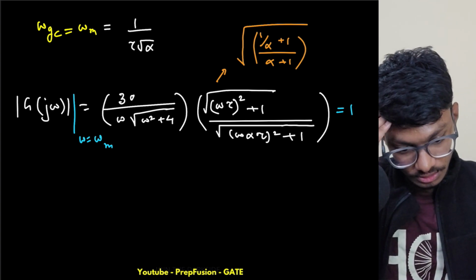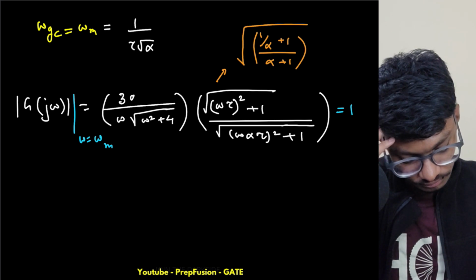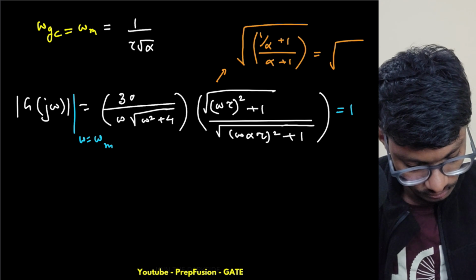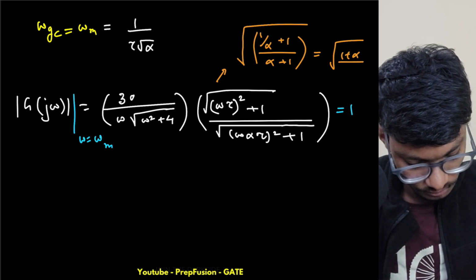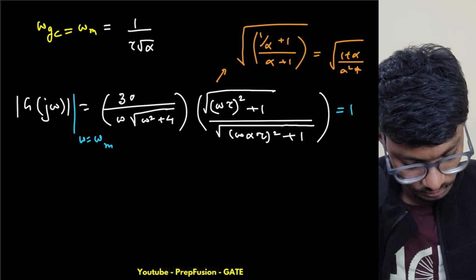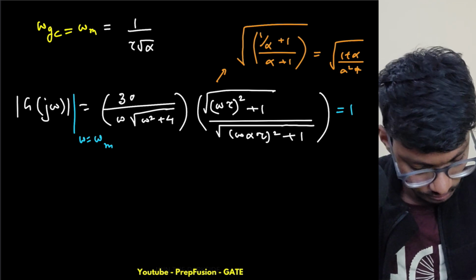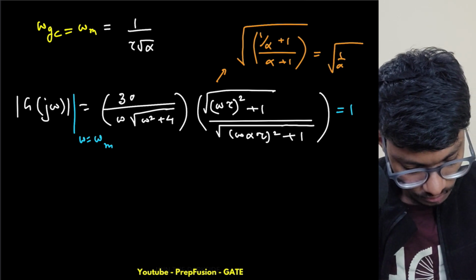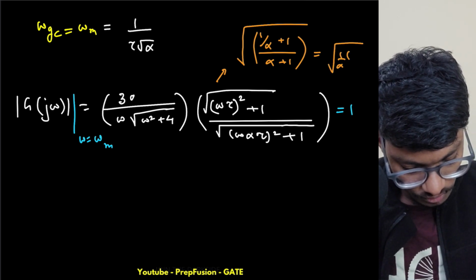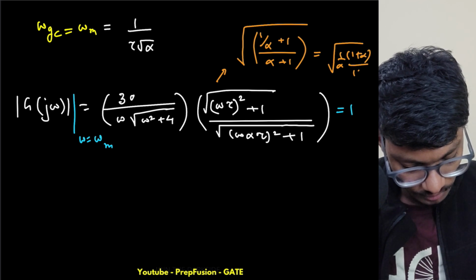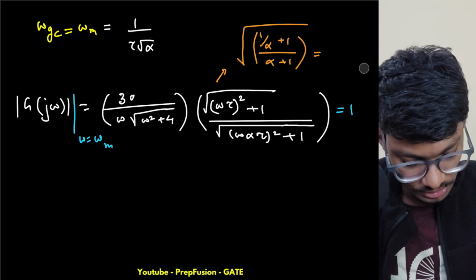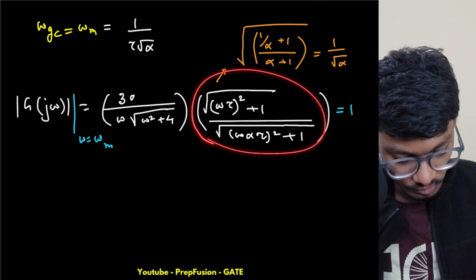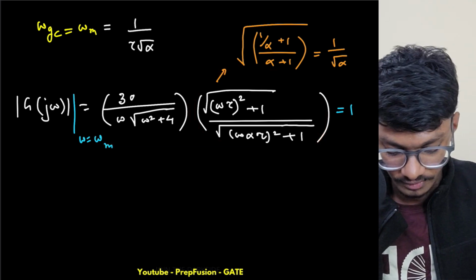So now, this one will get cancelled, right? Basically this will be under root 1 by alpha into 1 plus alpha divided by 1 plus alpha. So this one will get cancelled, only 1 by under root alpha will remain. So overall this will be 1 by under root alpha at this frequency.